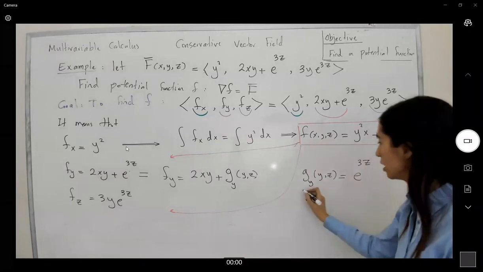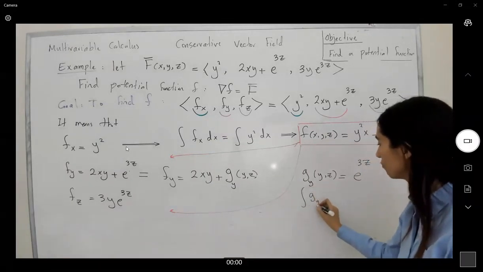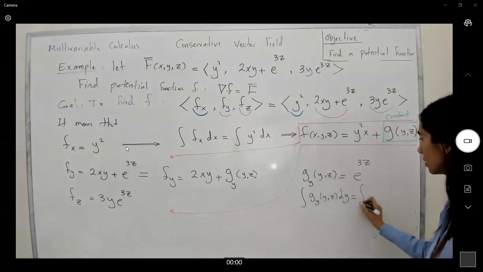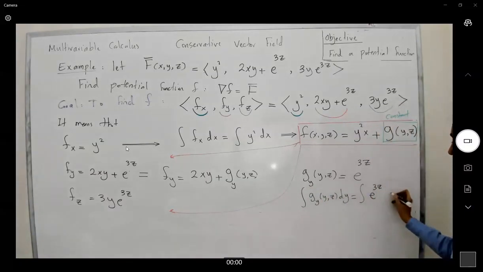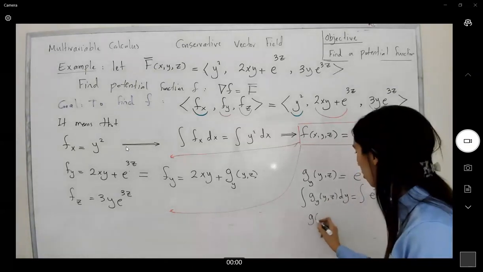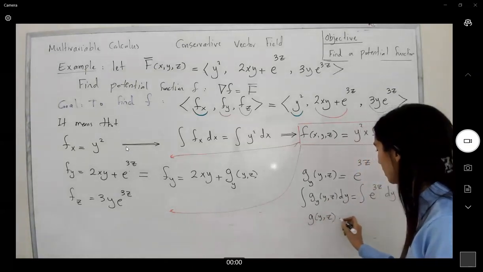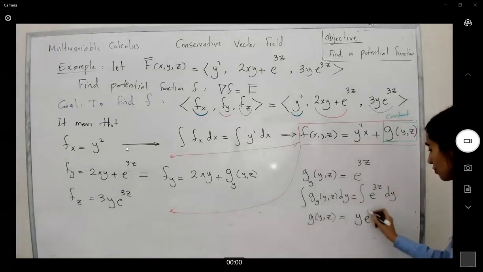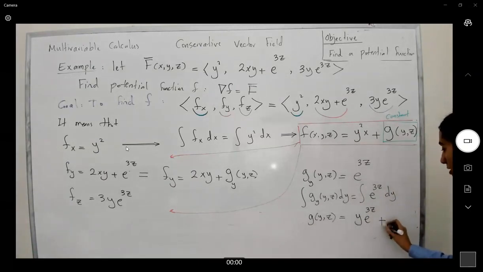It means that if I take the integral of g sub y with respect to y, it is equal to the integral of e to 3z dy. It means that g of y and z is equal to the integral of e to 3z with respect to y, which is y e to 3z plus a function.